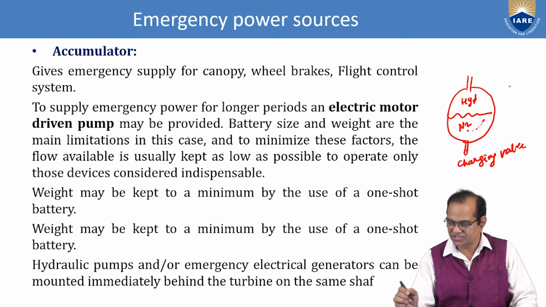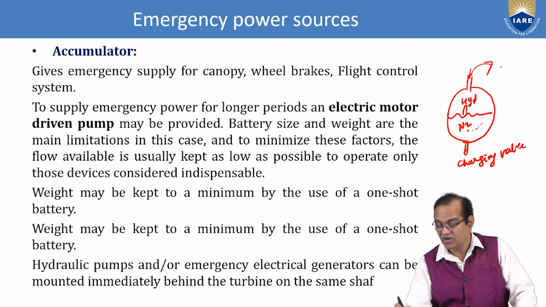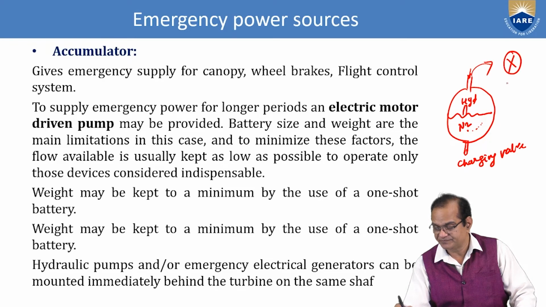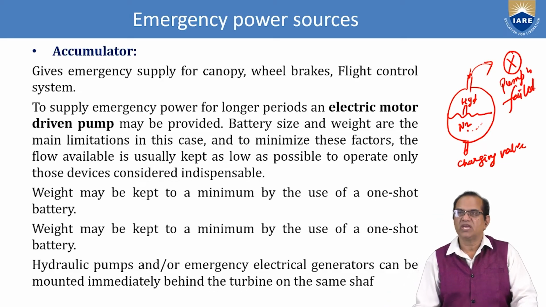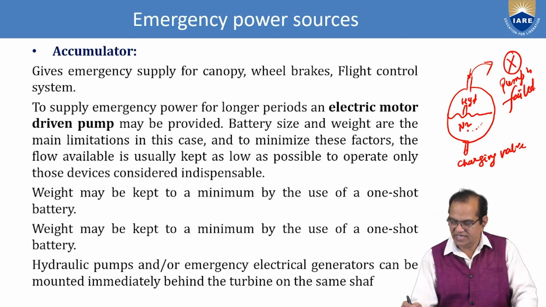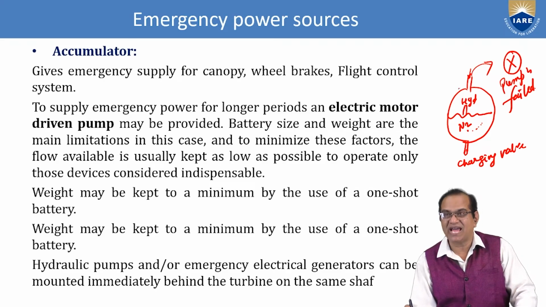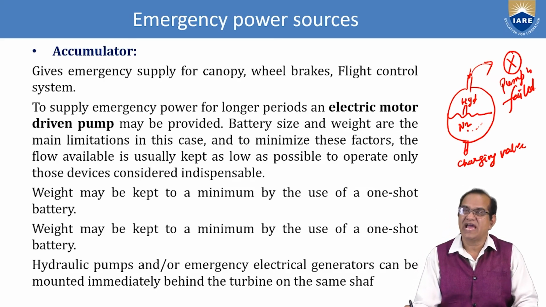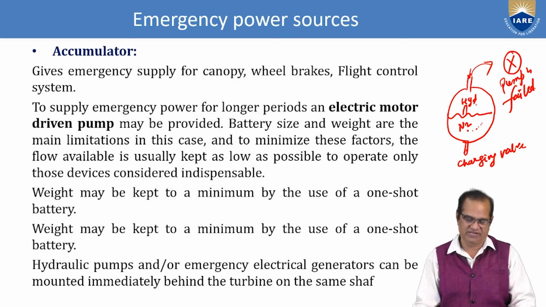If the system pressure is reduced, this will press here and the pressure will go here. And if your pump has failed, then emergency operation can sometimes be handled by the accumulator.